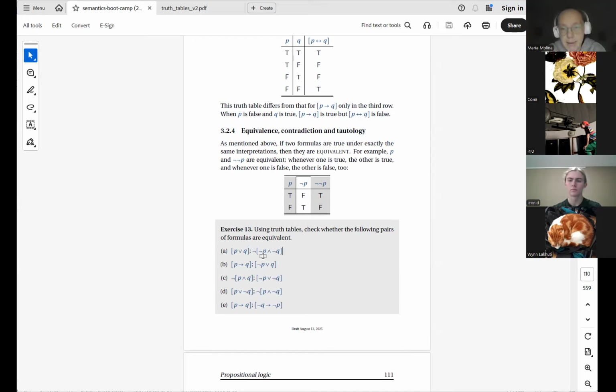So we get double negated P or double negated Q, which equals P or Q, as double negated P equals P and double negated Q equals Q. Yeah, which is the first formula, which means they are logically equivalent.